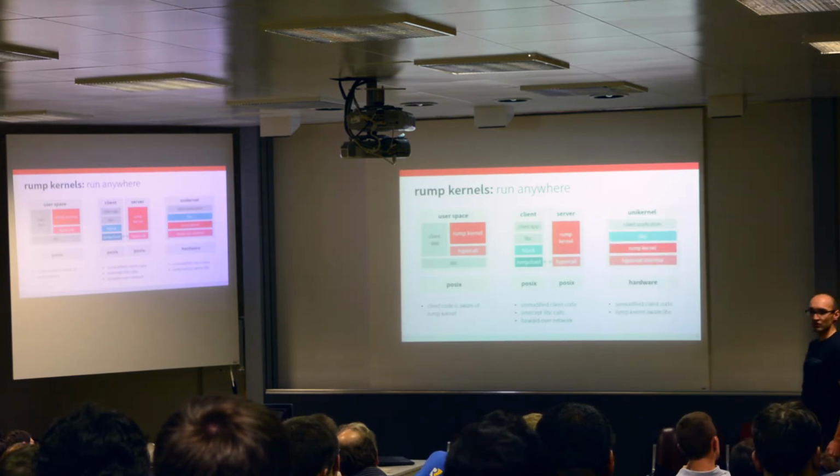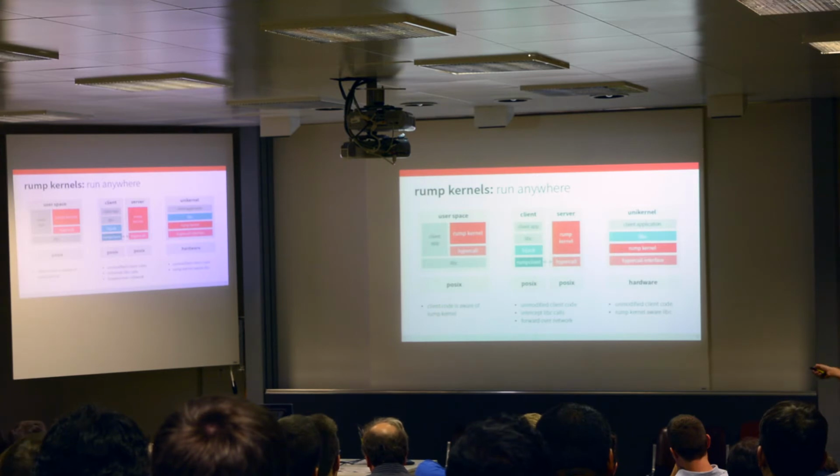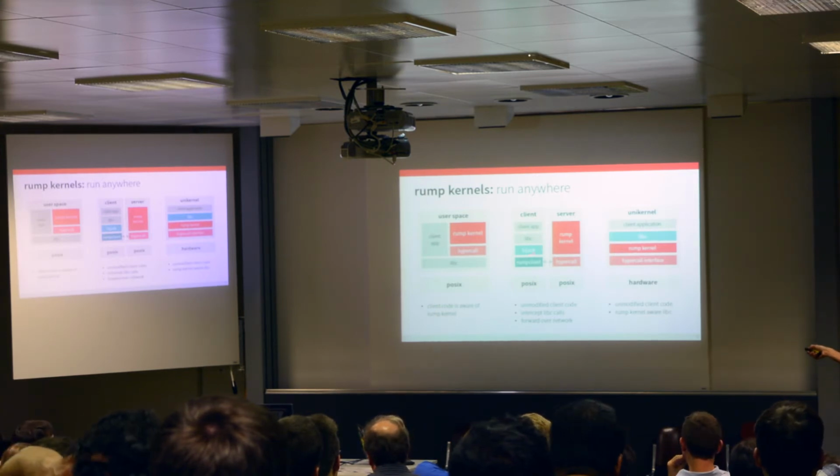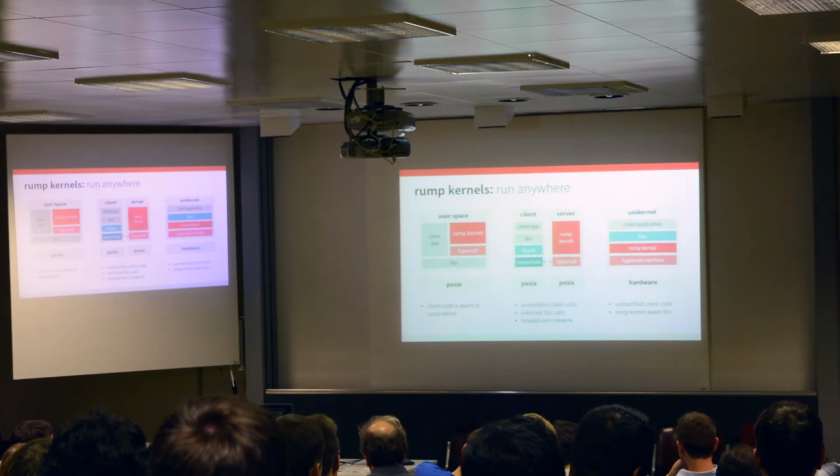The most recent addition to Rump kernels are unikernels. So realizing that this kind of hijacking isn't really always practical, we now have a modified libc. So this libc is aware of the Rump kernel, and instead of executing system calls, it talks to the Rump kernel itself.